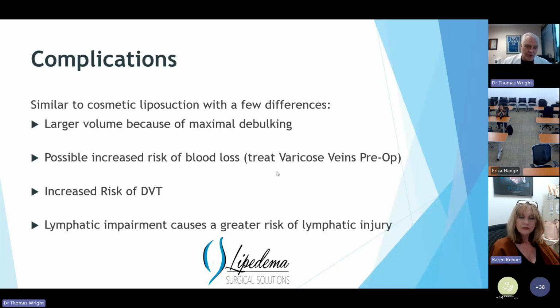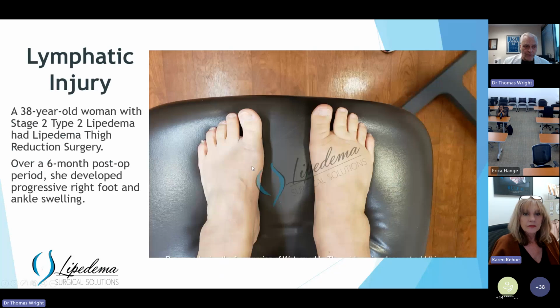And then the great concern about lymphatic impairment, the risk of lymphatic injury. We published a paper, Dr. Herbst and I, on some lymphatic injury that occurred after liposuction in women with lipedema.